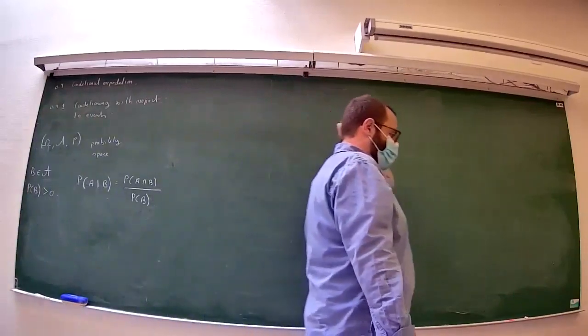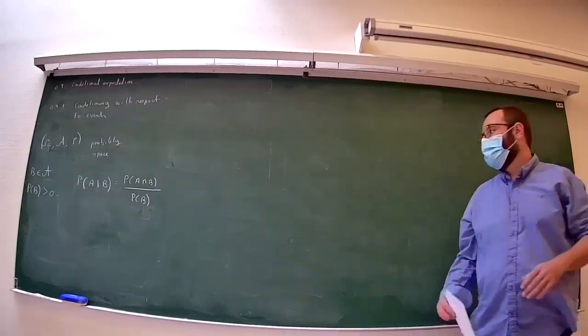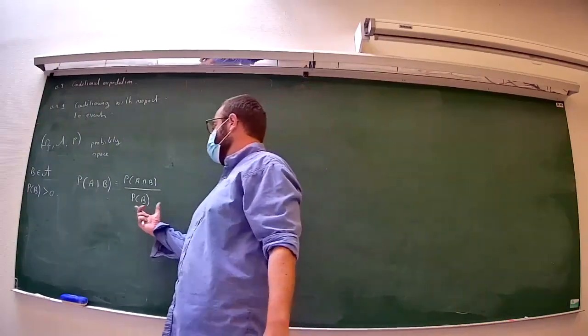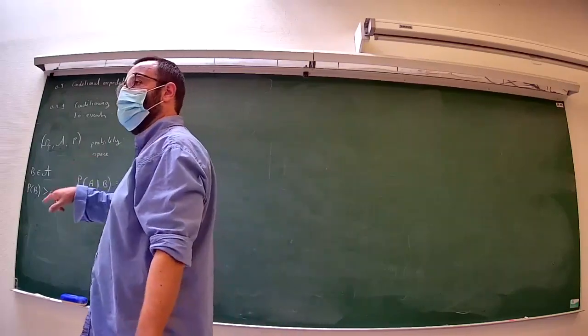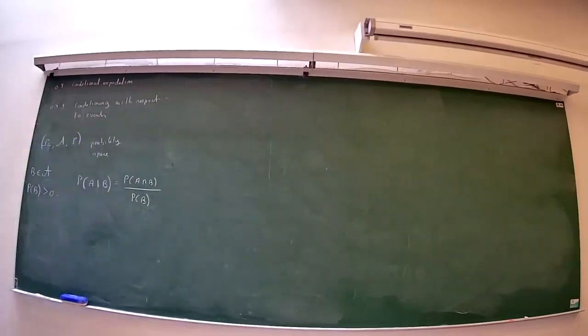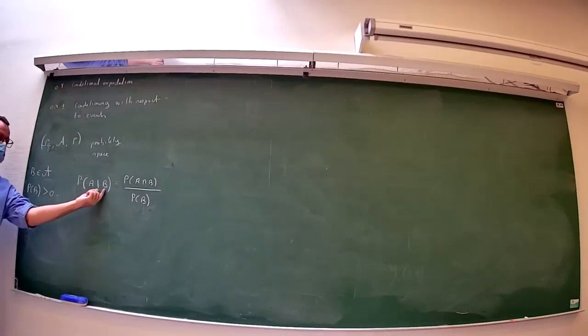From an intuitive point of view, this formula means that in the computation of the probability, you take into account the fact that you know B, that is, you change the universe.